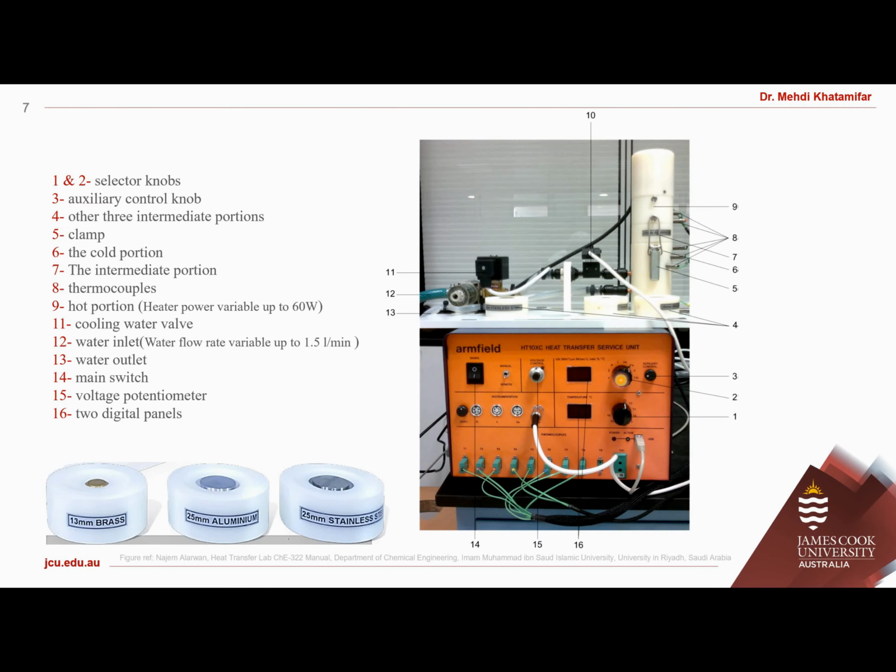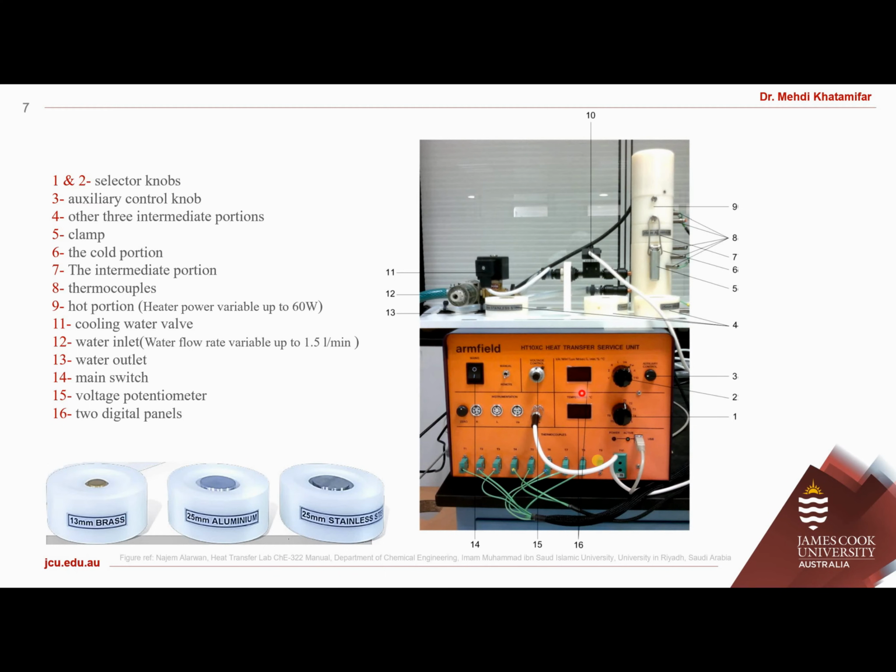If you want to read the amps, because the heater power is going to be voltage multiplied by amps, turn this knob to amp to read the amps here on this monitor.